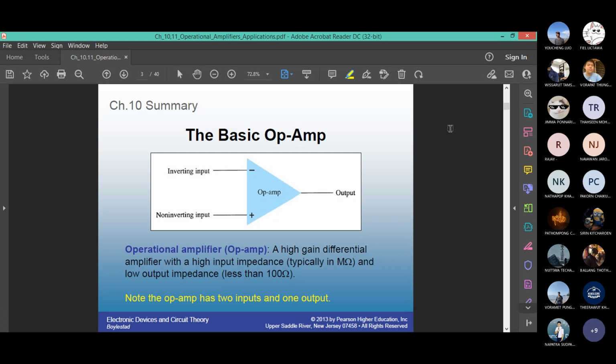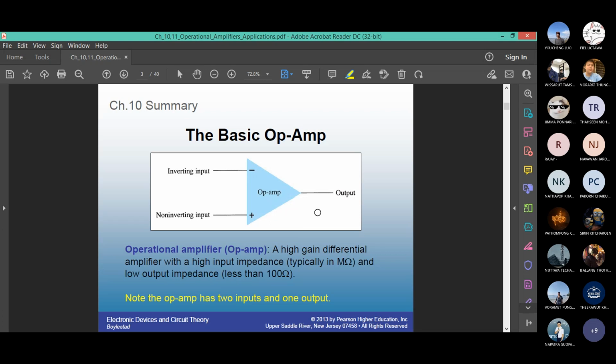When you have several mega ohms, it is almost like an open circuit, which means if you provide any input on the pin, either plus or minus, there is no transfer of current through the body of the op-amp. There is no current going from minus to plus. On the output side, you have low impedance, less than 100 ohms.